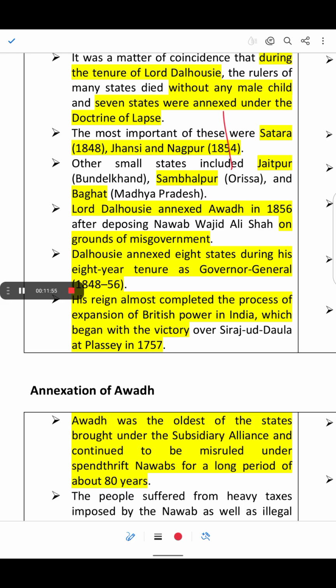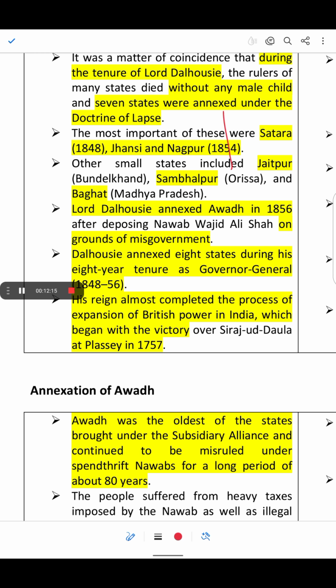The British claimed it was based on Hindu law and Indian customs. However, Hindu law was not clear on this matter, and in reality, Hindu rulers often allowed adopted sons to inherit the throne.